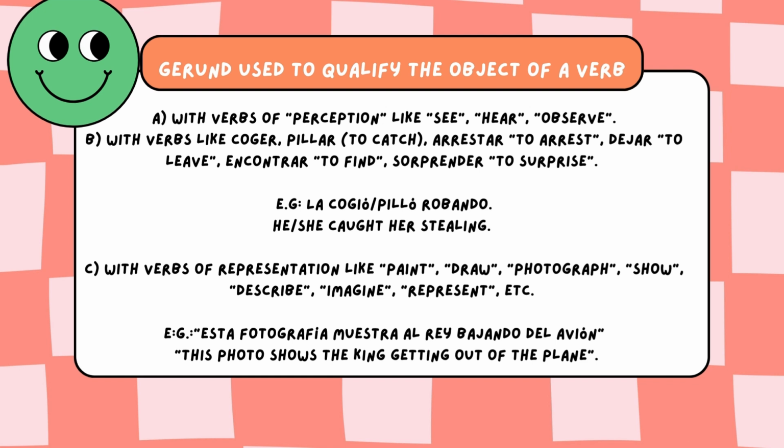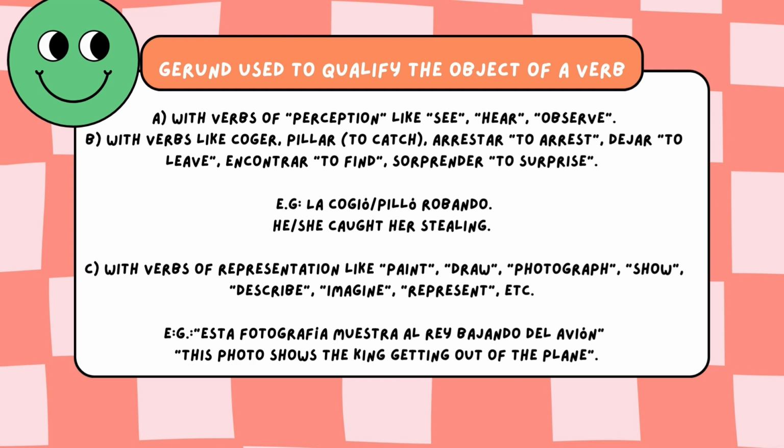For example, in A, we have verbs of perception like see, hear, observe, and in B, we have verbs like coger, pillar, to catch, arrestar, to arrest, dejar, to leave, encontrar, to find, sorprender, to surprise. For example, la cogió o pilló robando, he or she caught her stealing in English.